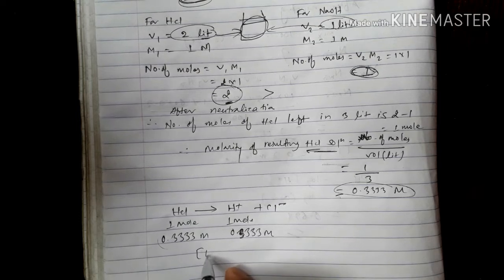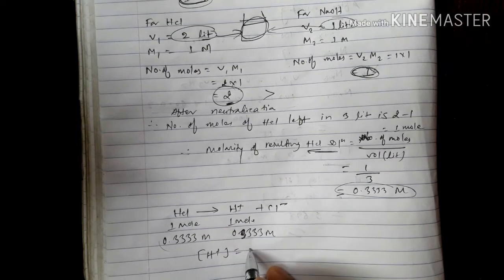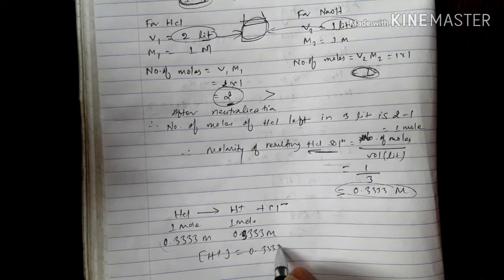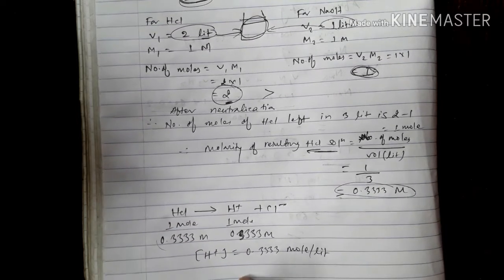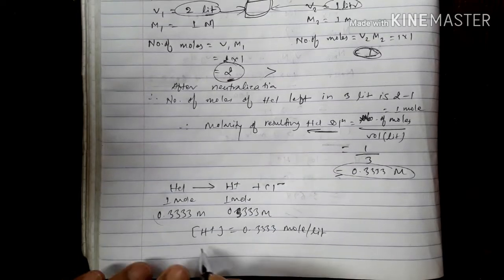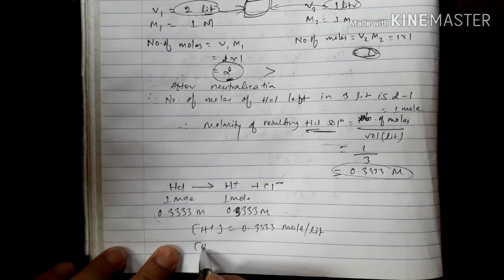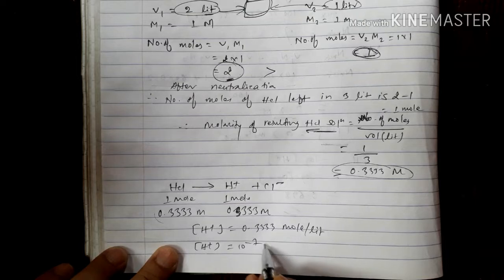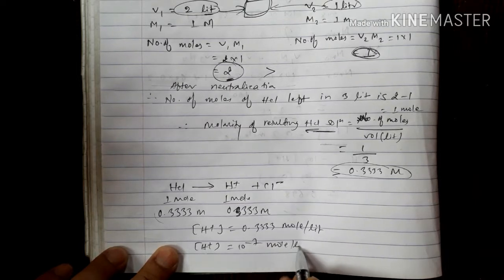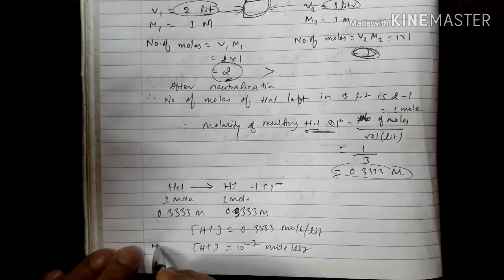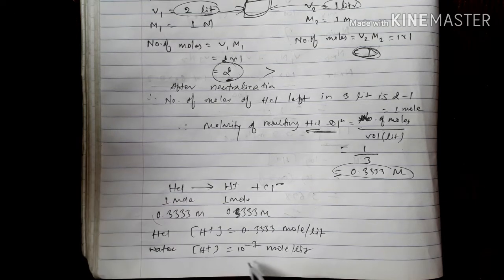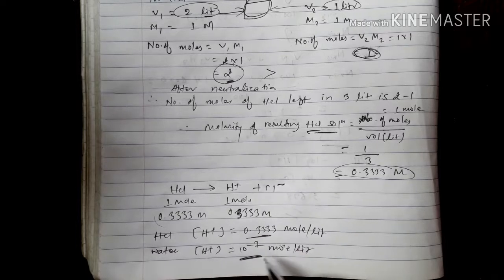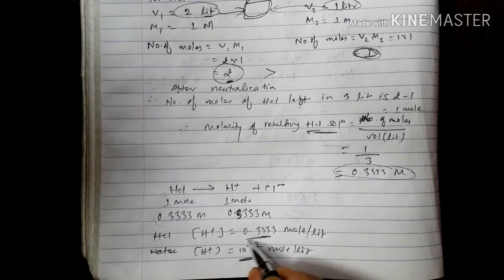Now the concentration of H plus from acid is 0.333 moles per liter. The concentration of H plus from water is 10 to the minus 7 moles per liter. This is from water, this is from HCl. If you compare this value, this is a very low value.